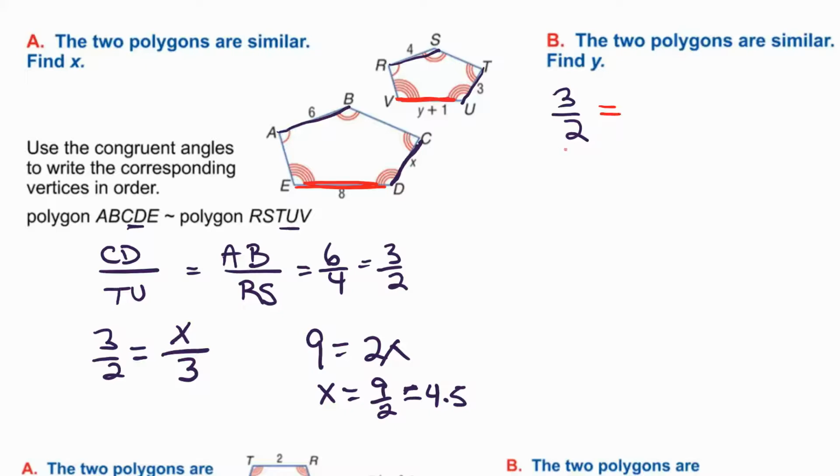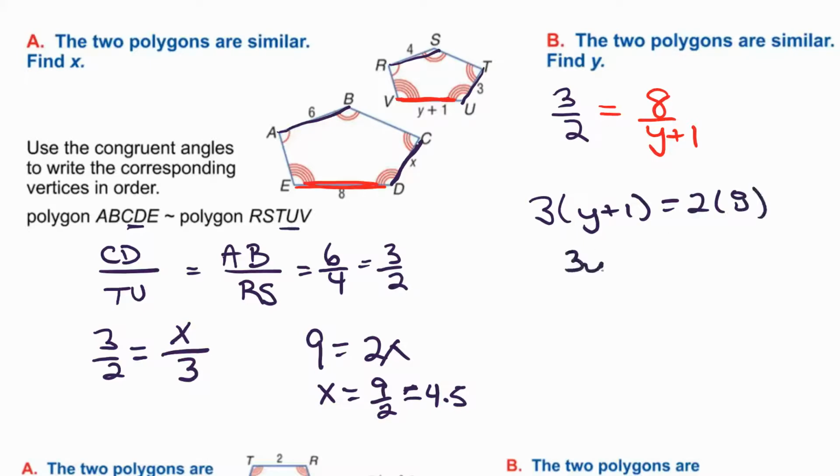So 3 over 2, our scale factor, is equal to 3 is the larger one here, 8 over y plus 1. Again, we'll cross multiply to solve. Distribute. And then solve for y.